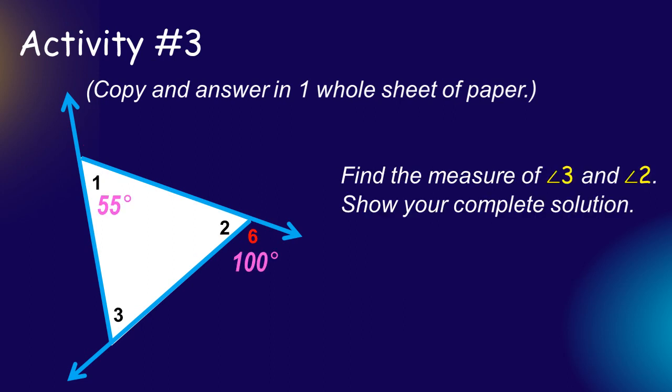And activity number 3, find the measure of angle 3 and angle 2. You need to show your complete solution. Okay, so yun lang. Ang kailangan lang natin gawin ay sagutan itong activity number 1, number 2, and number 3 para sa aking mga estudyante ha. Isasubmit ito during face-to-face class.